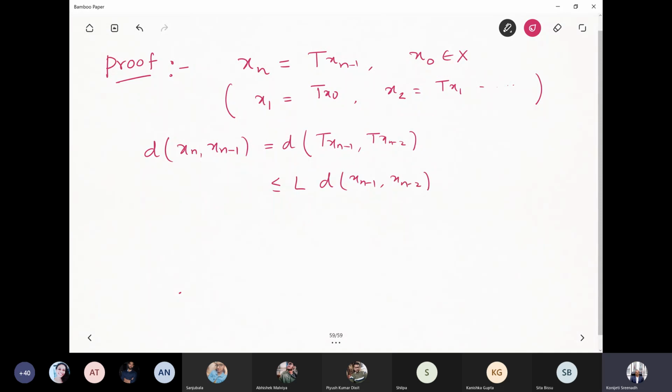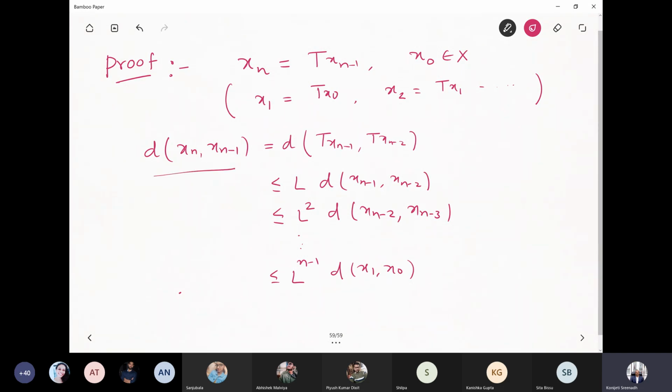Continue this: write xn minus 1 as T xn minus 2 and xn minus 2 as T xn minus 3, and again you get L square of d of xn minus 2 and xn minus 3. Continue this, and we get L power n minus 1 times d of x1 and x naught. So we got the distance between two consecutive terms.